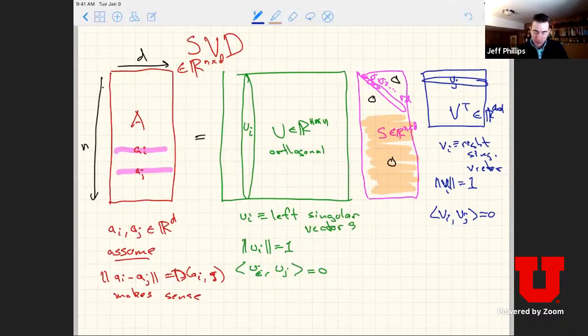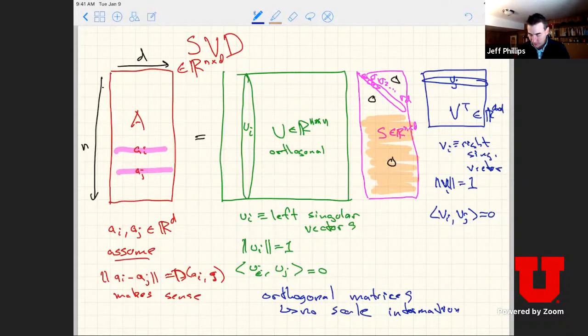So in general, these are orthogonal matrices. They have no scale information.